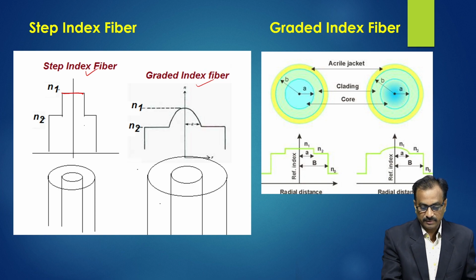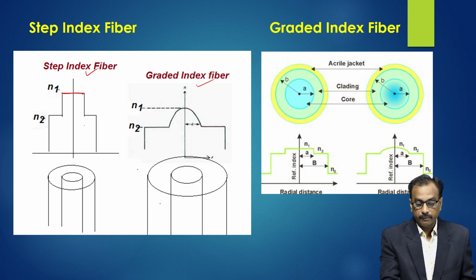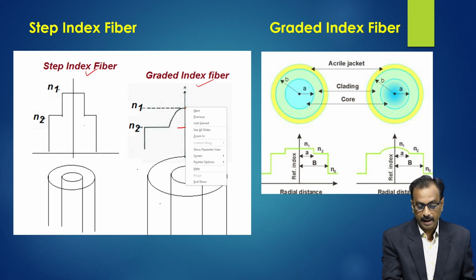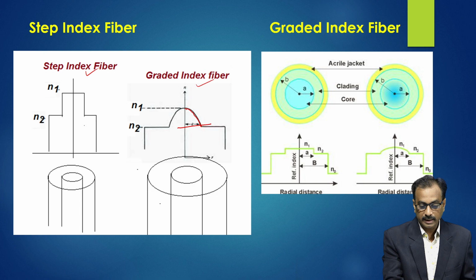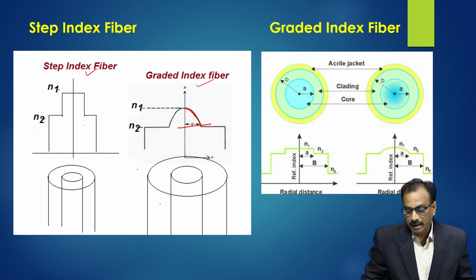But in a gradient index fiber, the refractive index of the core material varies radially. That means the center of the core has the maximum refractive index, and away from the center, the refractive index gradually decreases. This is called a gradient index optical fiber.